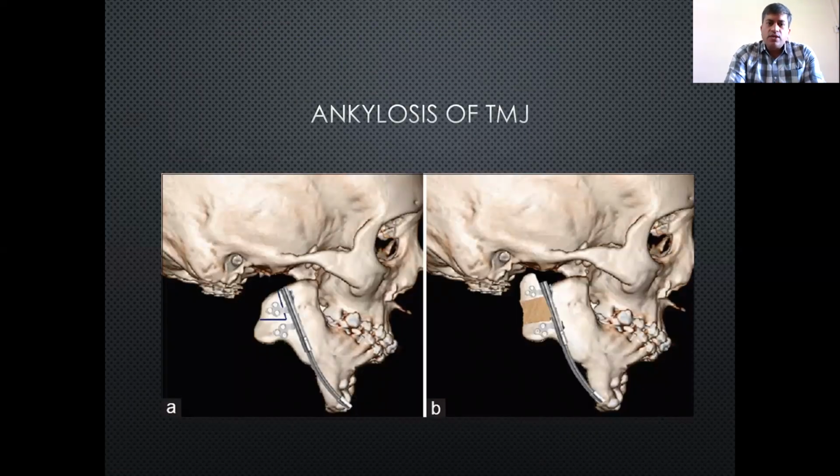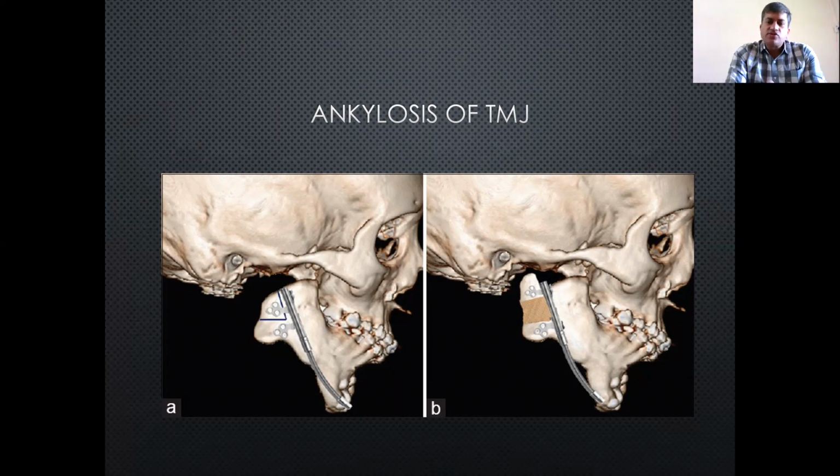Now, when we speak about temporomandibular joint ankylosis, we all know that in cases of unilateral temporomandibular joint ankylosis, there is severe shortening of the ramus on the ankylosed side. And on the non-ankylosed side, the length of the ramus is normal. And that leads to development of a typical facial deformity in unilateral TMJ ankylosis patients. So the role of distraction here is to bring about lengthening of the mandibular ramus on the ankylosed side.